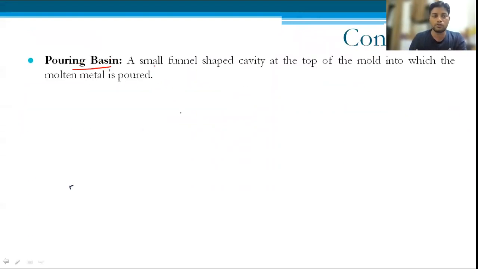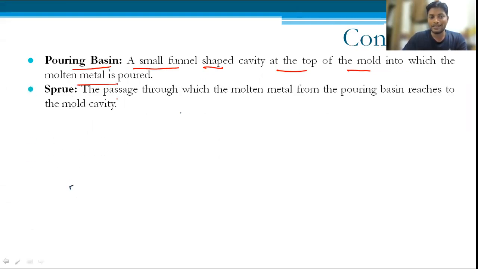It's a small funnel-shaped cavity at the top of the mold into which the molten material is poured. Next is the sprue, a passage through which the molten material reaches from the pouring basin to the mold cavity.